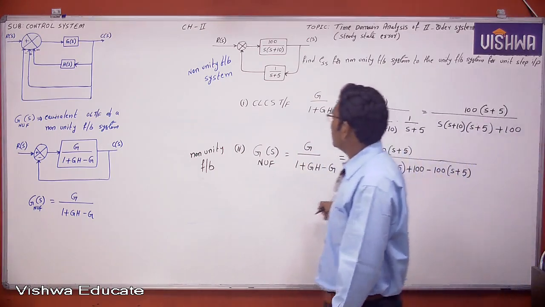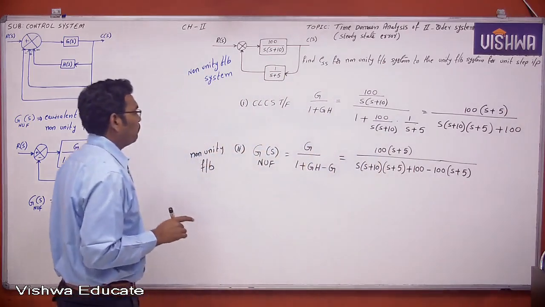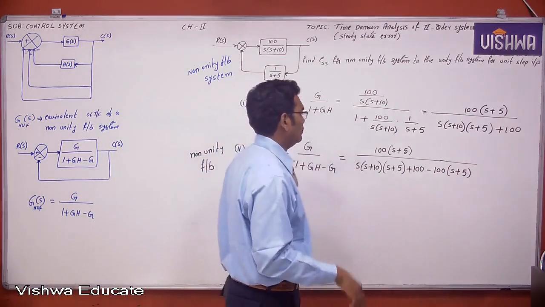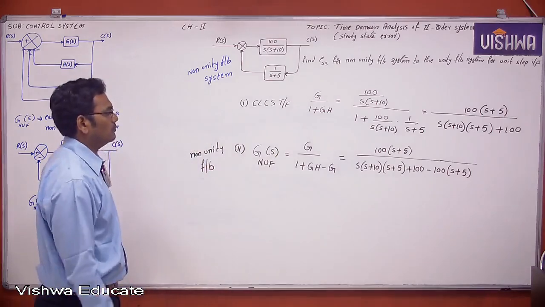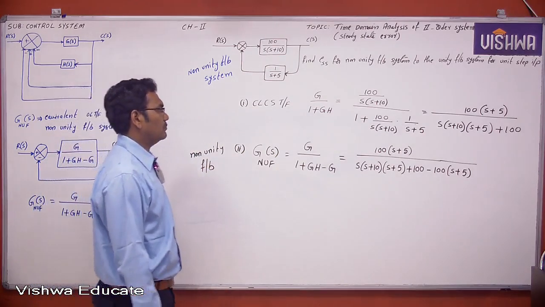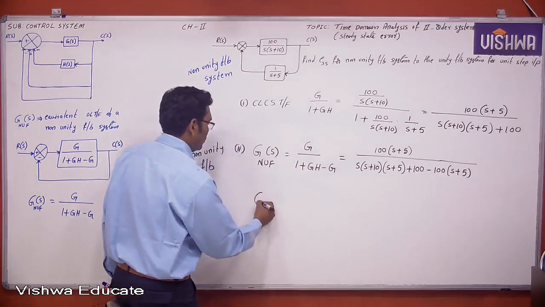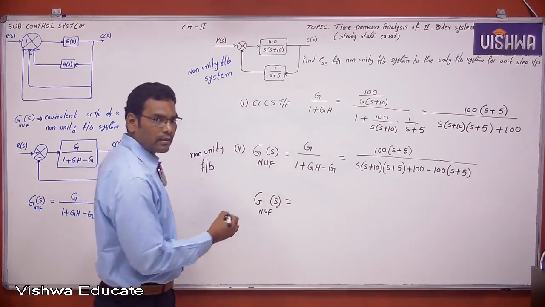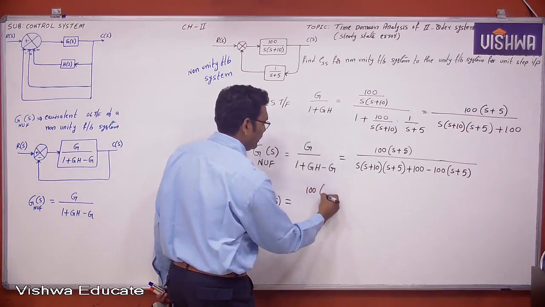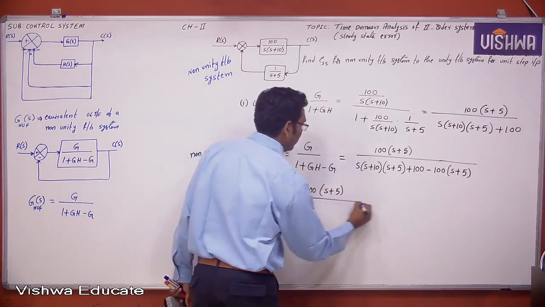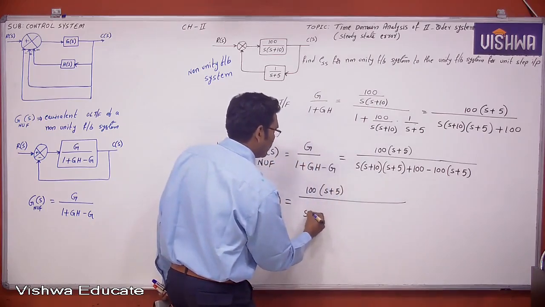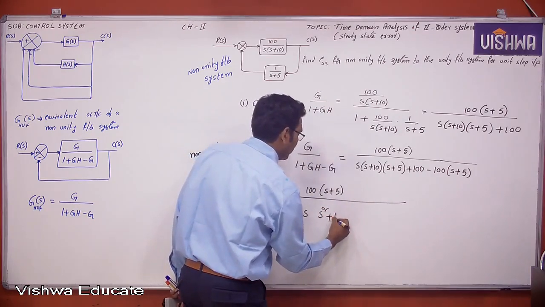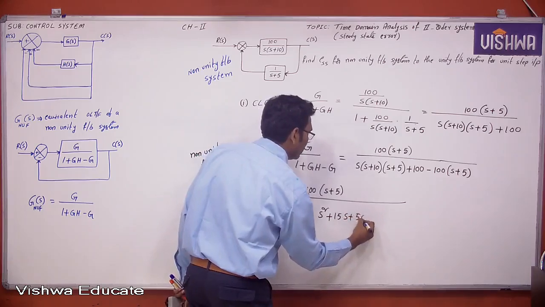Right? Now this is the unity feedback system transfer function, which is nothing but 100 into (s plus 5) by s squared plus (10 plus 5), that is 15, into s plus 50.